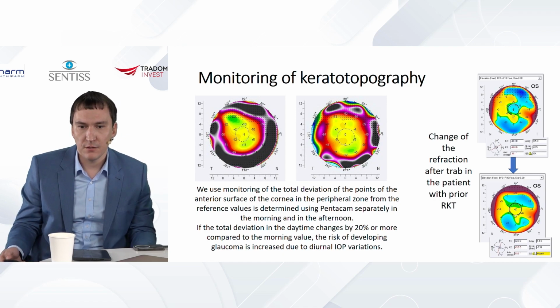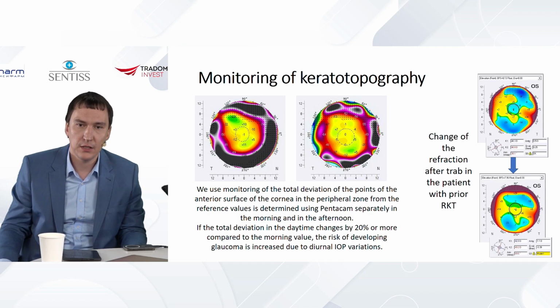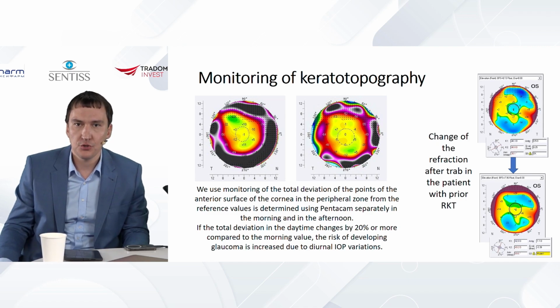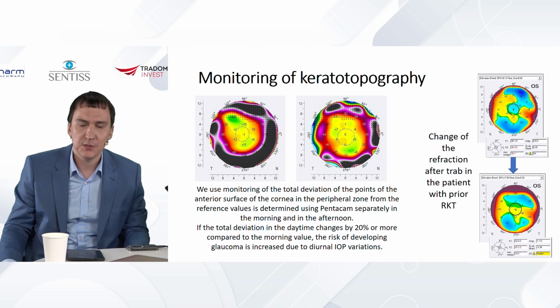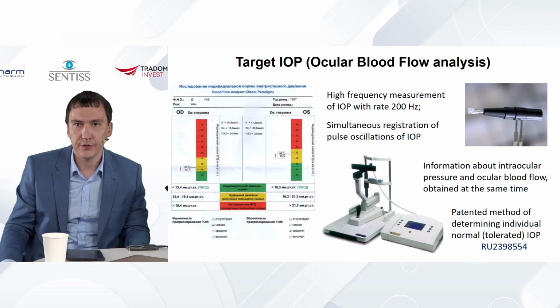And actually, IOP monitoring is based on that using contact lenses. And I think the simplicity of these images could be one of the ways to introduce tonometry into AI models.